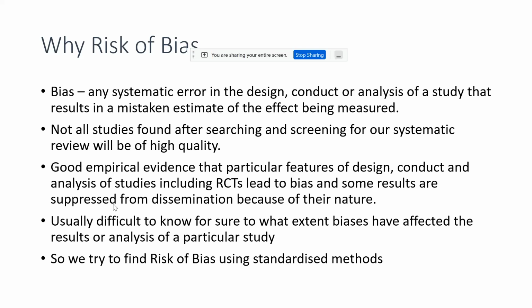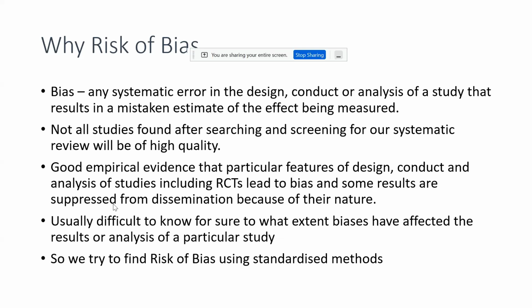So as a person who is evaluating or going through all of these studies for our systematic review, it is frequently very difficult to know to what extent the biases have really affected the results or the analysis of a particular study. Okay, so we know that there is a risk of bias, but we can't always tell for sure how much bias is there in the study. So now there are certain standardized methods for us to find the risk of bias.